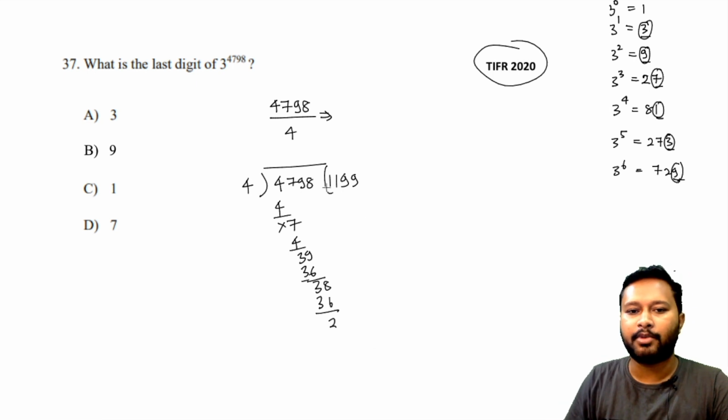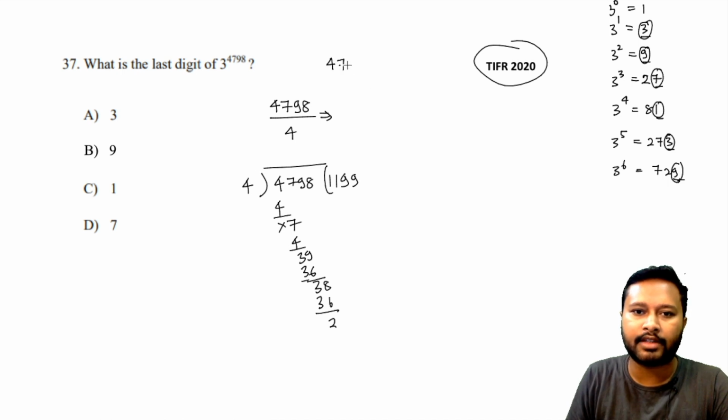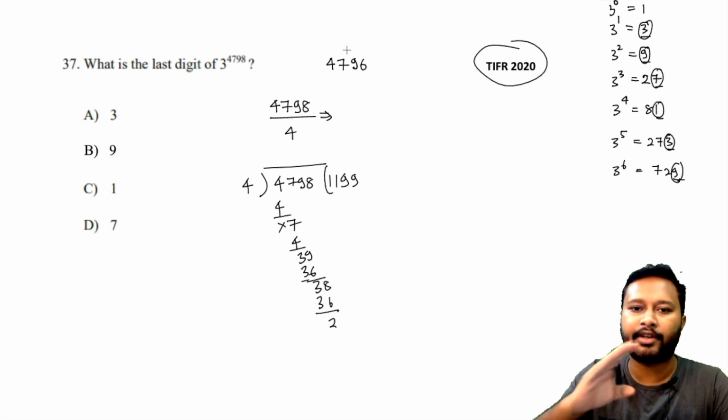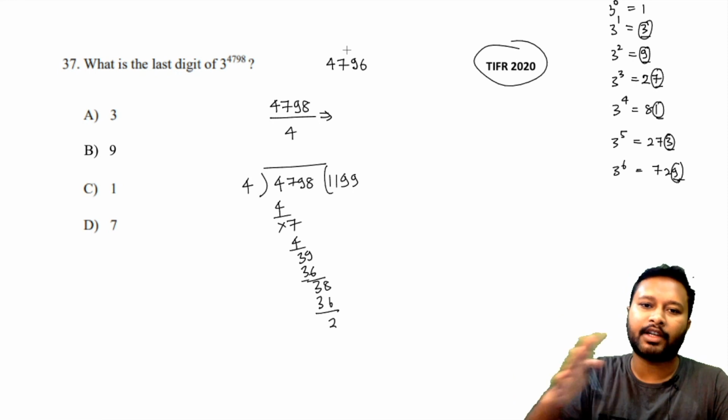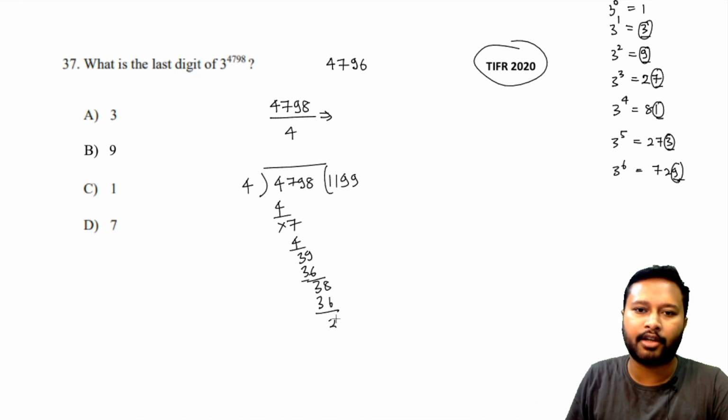So that means the cycle is finished when you are dividing by 4. If the power would have been 4796, at that time the cycle would have been completed. Whatever remainder you are getting, that is the extra thing which you have to do.